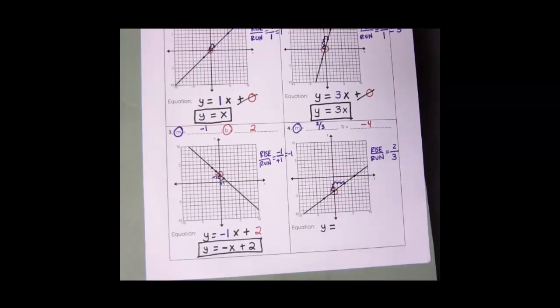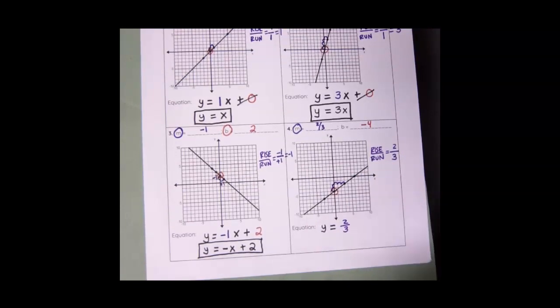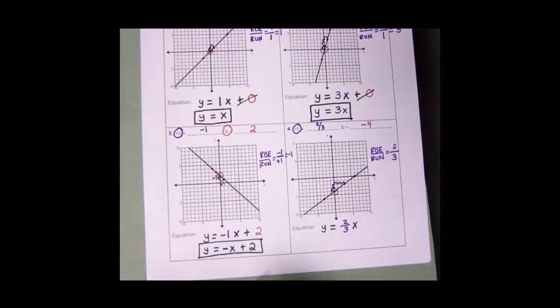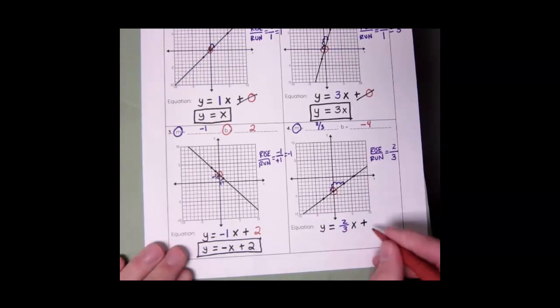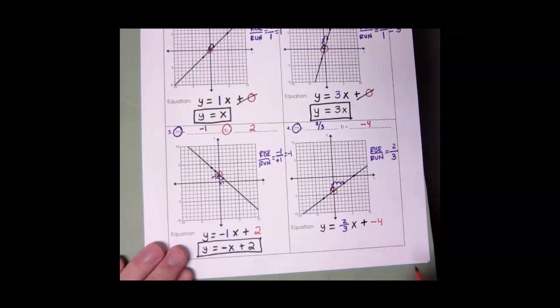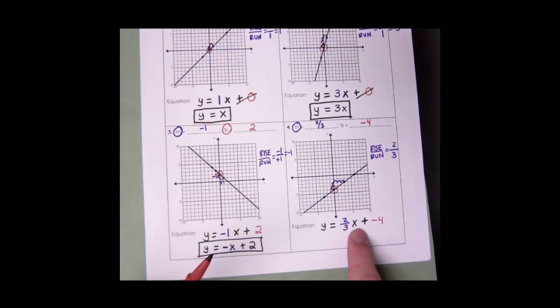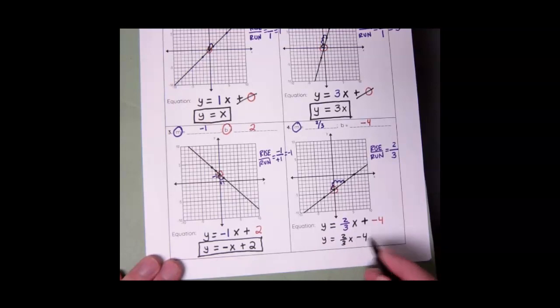So y equals, my slope is 2 over 3 x, and then this would be plus -4 to keep consistent with my equation. Now, I can do some simplifying here. When you have a plus and a negative right next to each other, the negative overpowers it. So my final answer would simply be y equals 2/3 x minus 4. I don't need to keep that plus sign there.